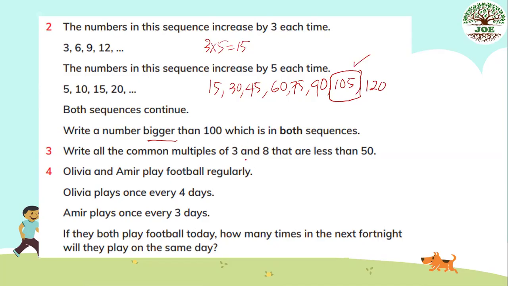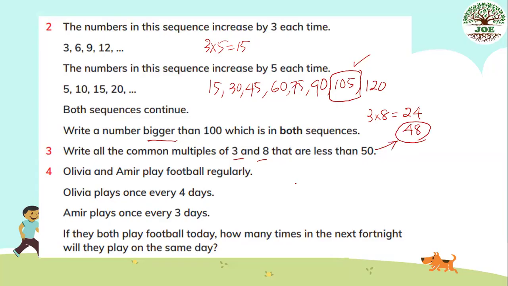For common multiples of 3 and 8 less than 50, 3 times 8 is 24. So 24 times 2 is 48. So 48 must be a common multiple of 3 and 8 less than 50. So our answer is 48 for number 3.